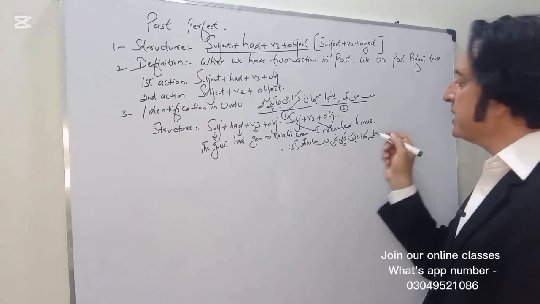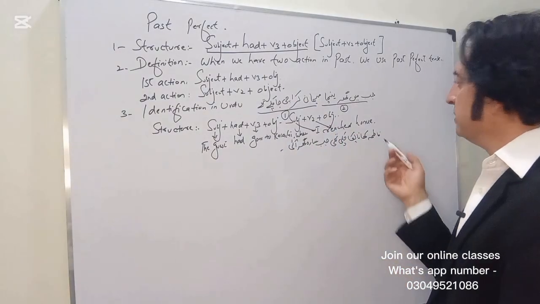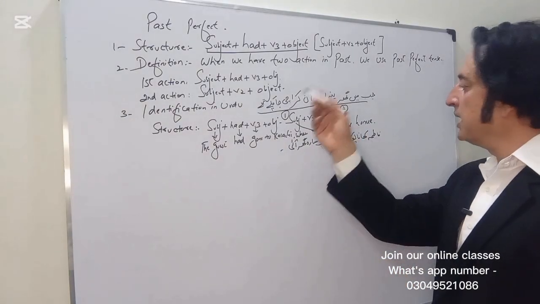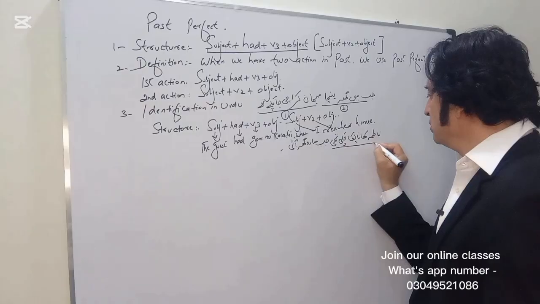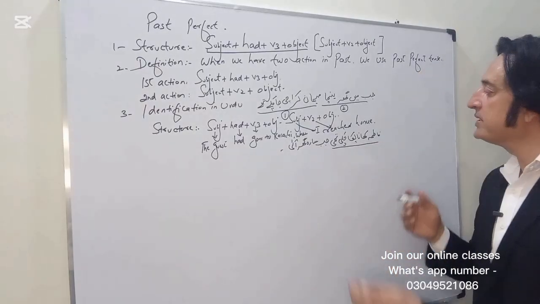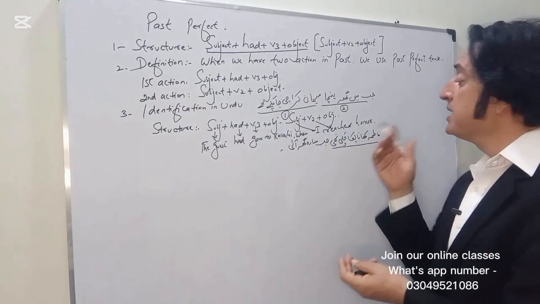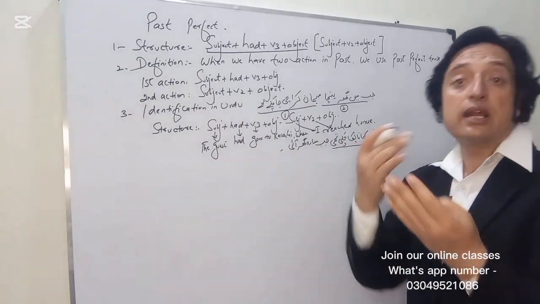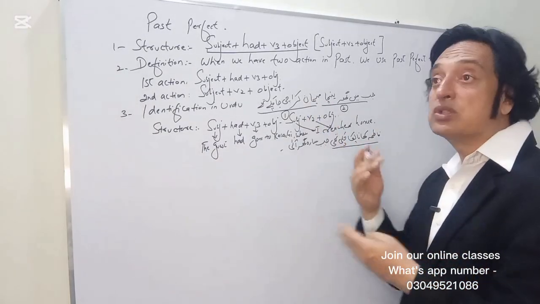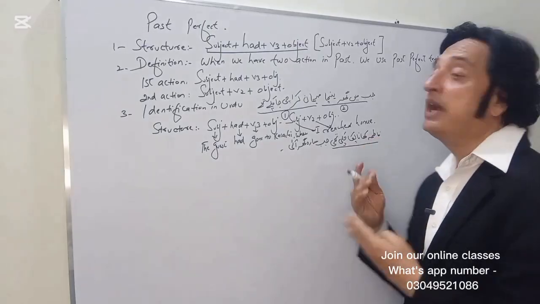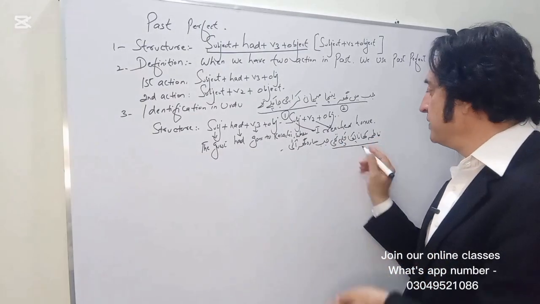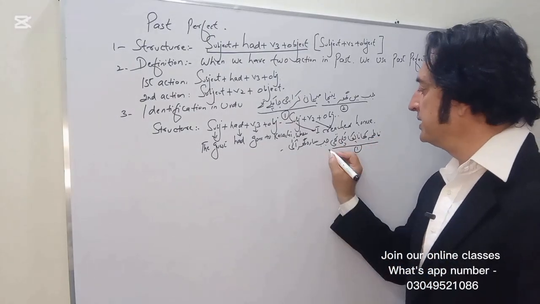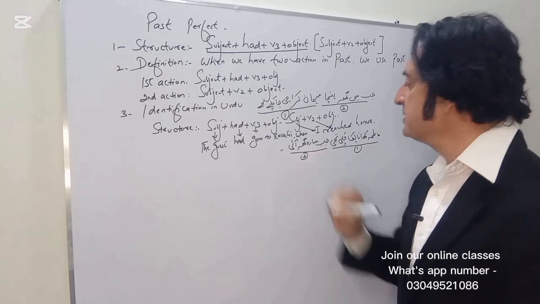As I told you, "chuki thi" or "chuka tha" in Urdu is the first action, if you want to identify it. So: Fatima had cooked food when Sarah came. When Sarah came, of course, the first action was already done, because Fatima had cooked food. In Urdu also it is like that, and the other one is the second action.